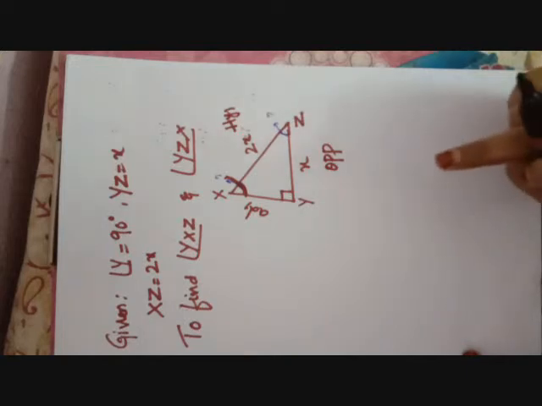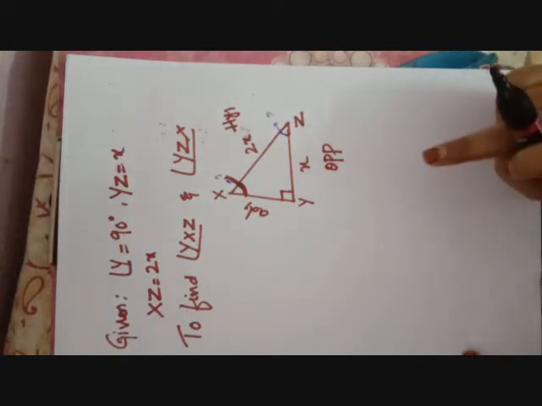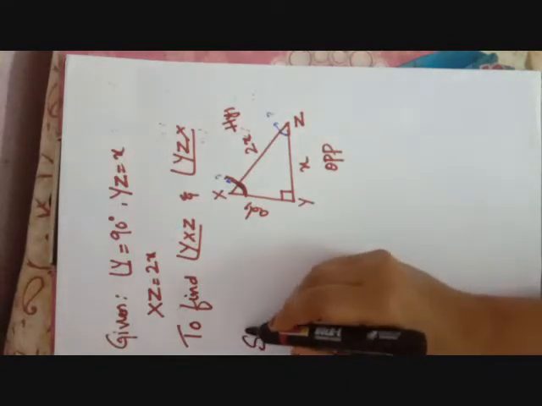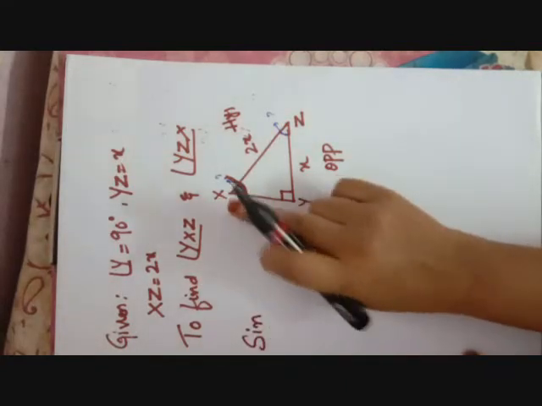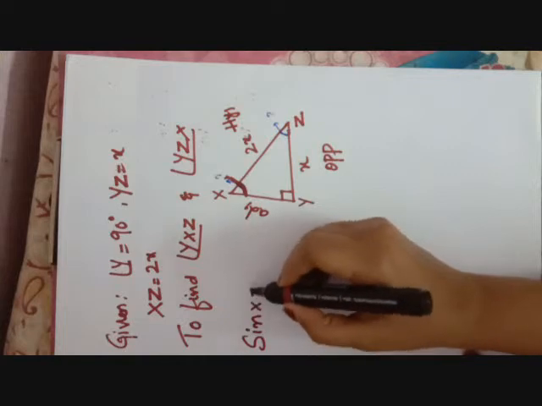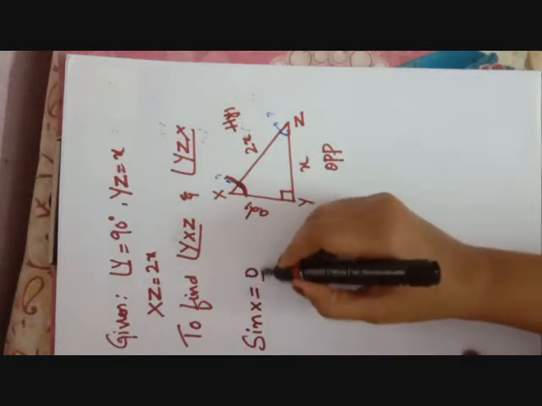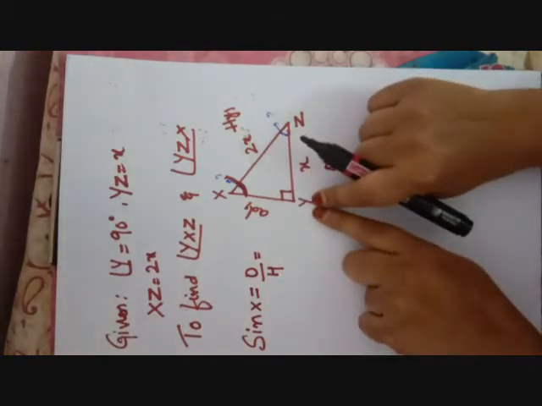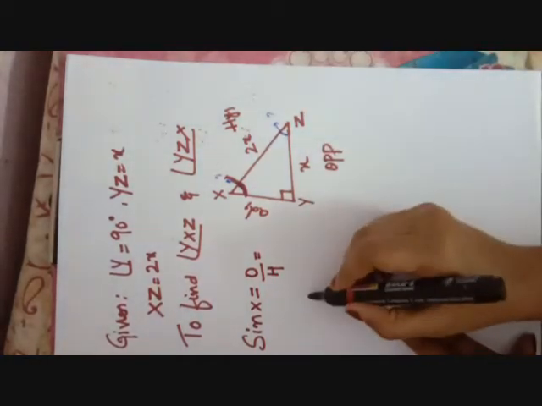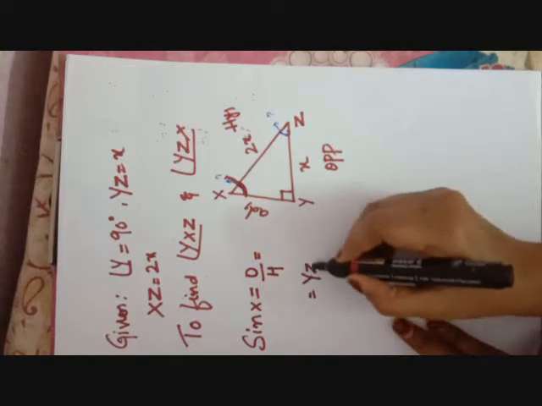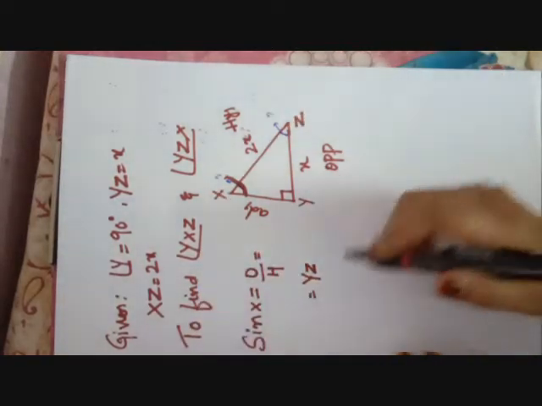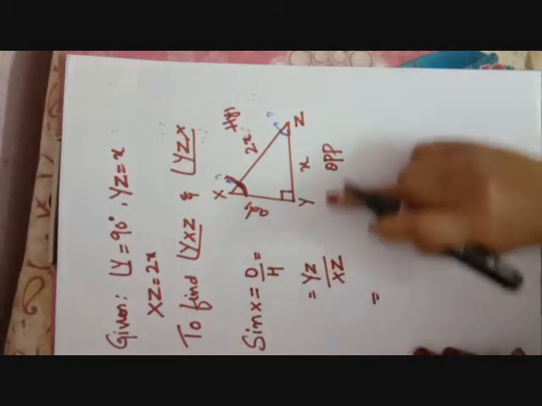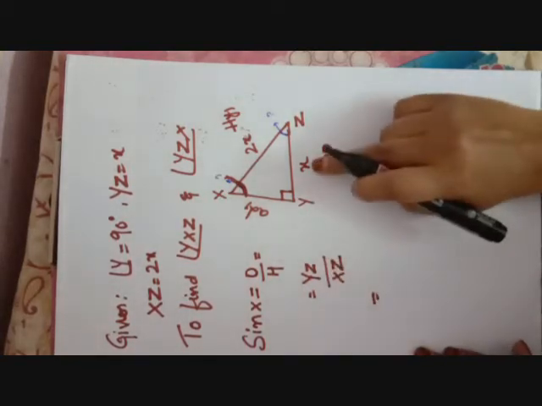So opposite by hypotenuse, O by H, old Henry, that is sine. Sine x is equal to O by H, that is YZ by XZ. How much is the YZ value given? Small x.